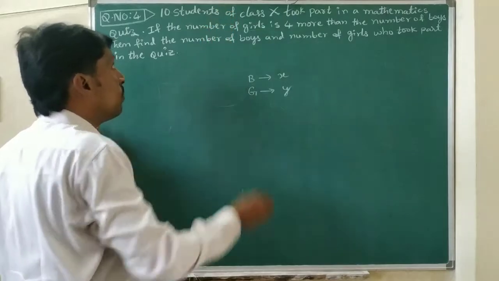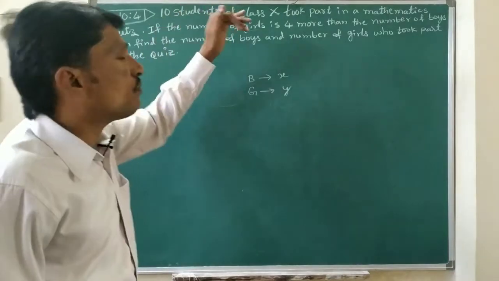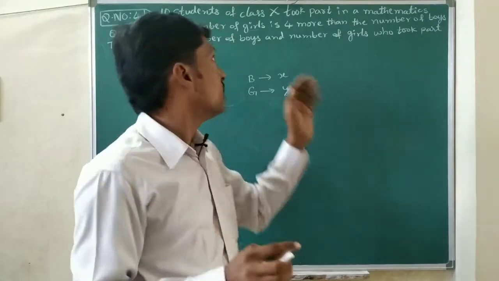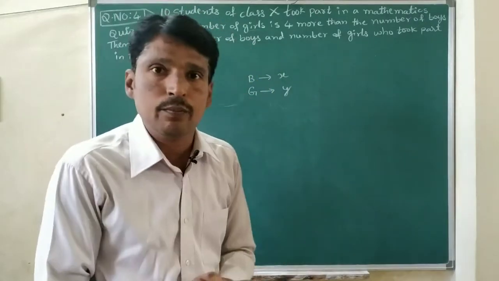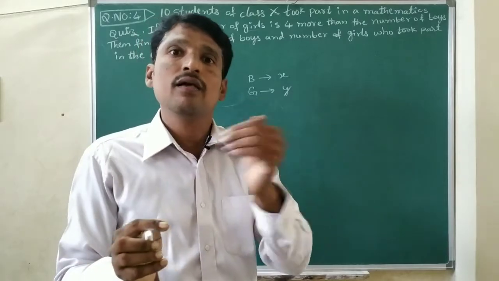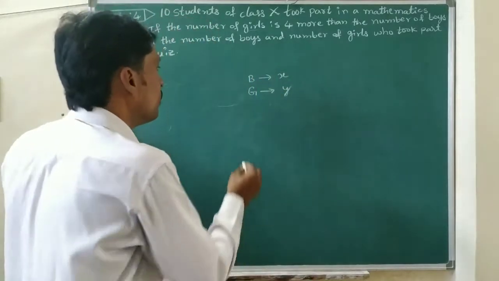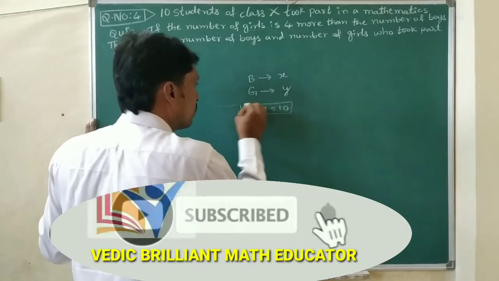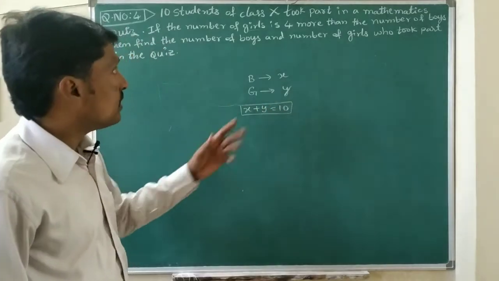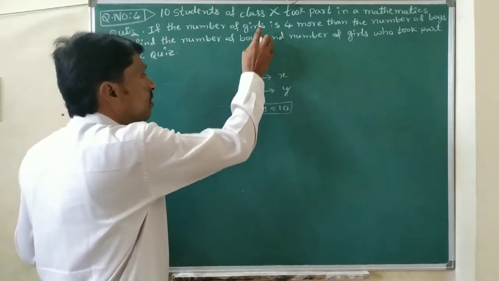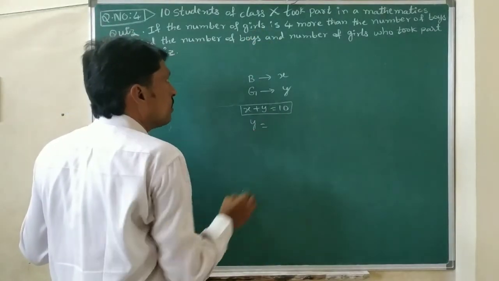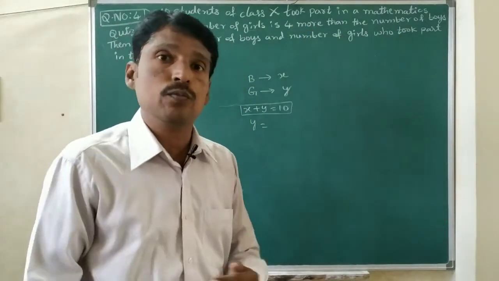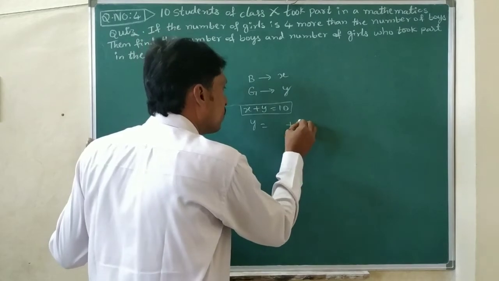So according to the problem, what is given? 10 students of class 10. 10 students of class 10 means in total the 10th class has 10 members, in that girls plus boys we are getting 10, means x plus y equal to 10. This is equation number 1. Next, again according to the problem, girls means y equals 4 more than the number of boys. 4 more means plus 4.